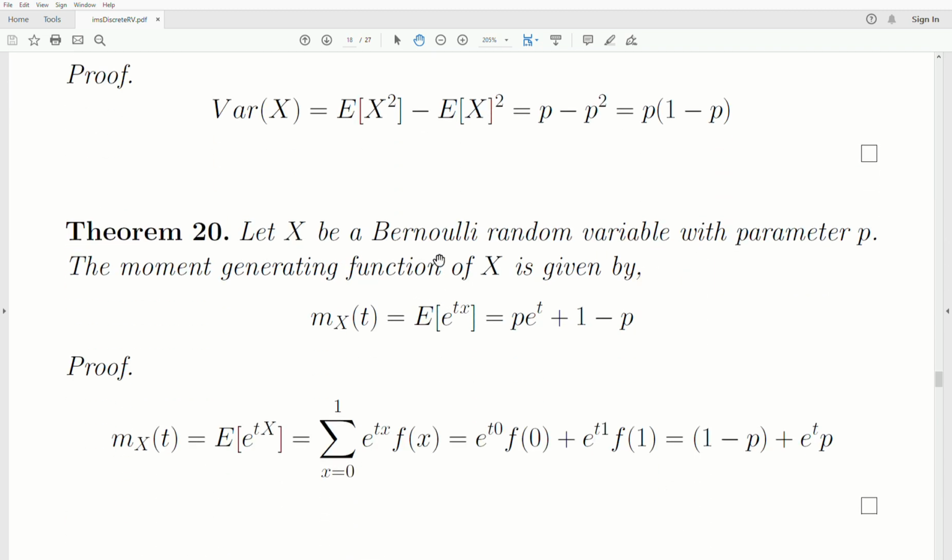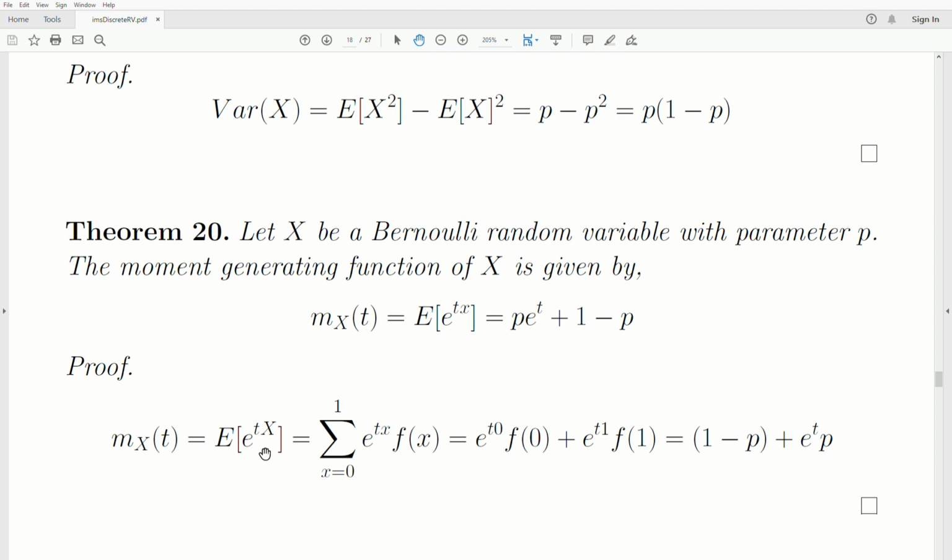Let x be a Bernoulli random variable with parameter p. The moment generating function of x is given by this equation here: p times e to the t plus 1 minus p. Some will put a q there. Let's prove it. So the moment generating function of x is the expected value of e to the tx.